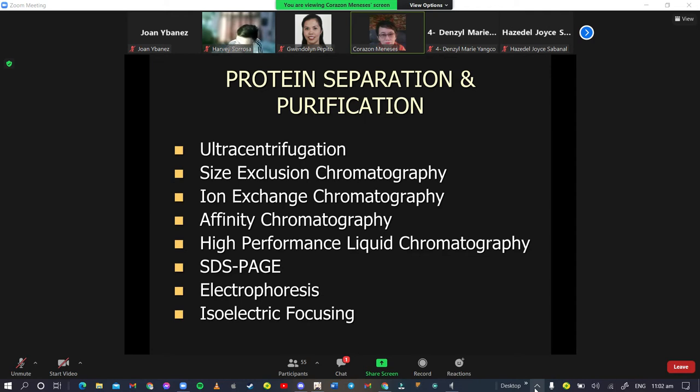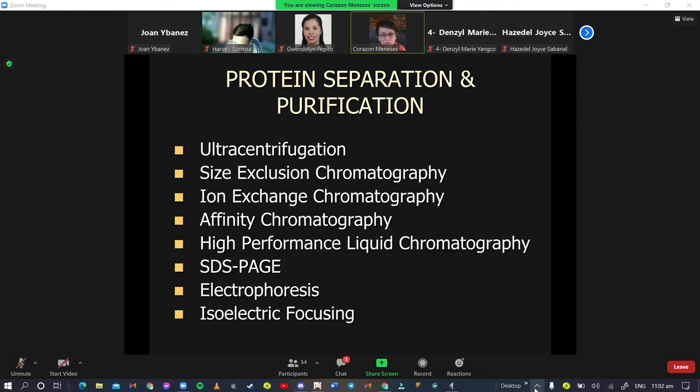Depending on the size, you can separate one from the other because the polymer inside the column of the chromatographic tube has beads with holes, so the molecules can navigate. The smaller size will be the one that comes out last because it has to pass through the holes before it can get to the bottom of the column.